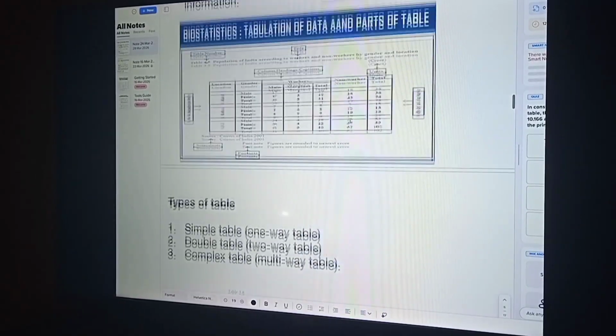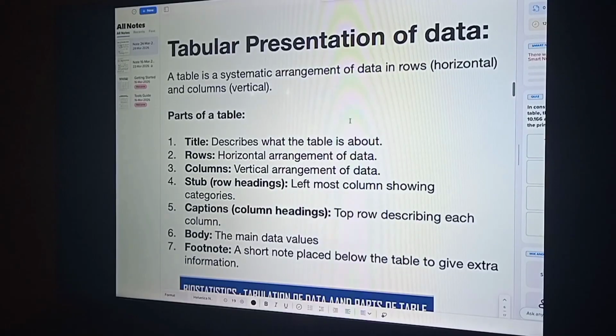Today, we will study the first method, which is tabular presentation of data. So let's start.